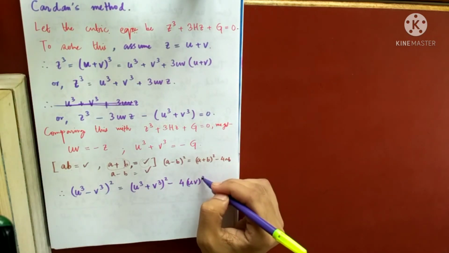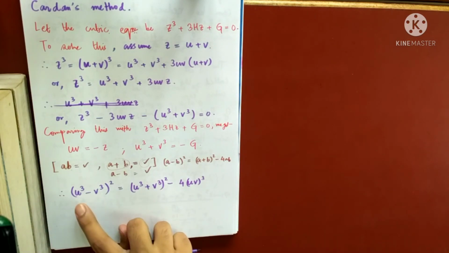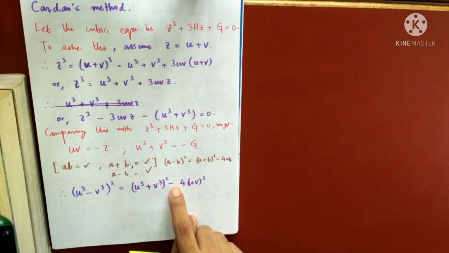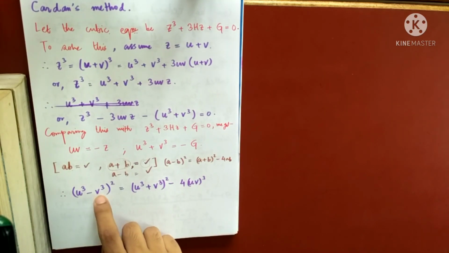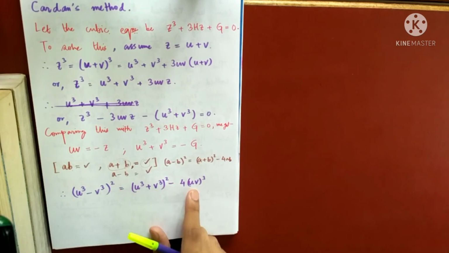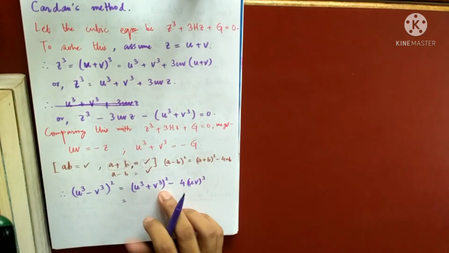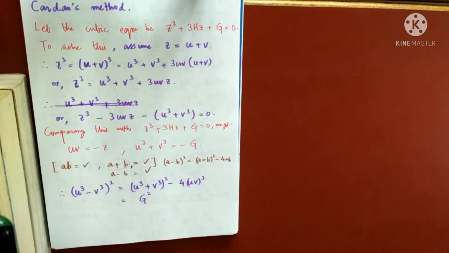Exactly, whole square, not cube. So a minus b whole square is a plus b whole square minus 4ab, that is u cube minus v cube whole square is u cube plus v cube whole square minus 4 u cube v cube, that is uv whole cube. What is this? This is minus g square.